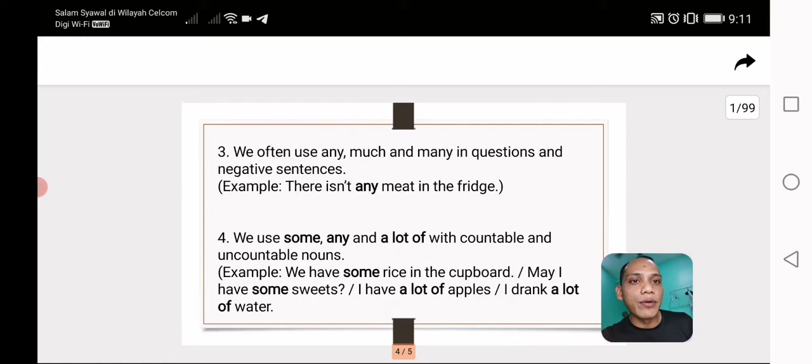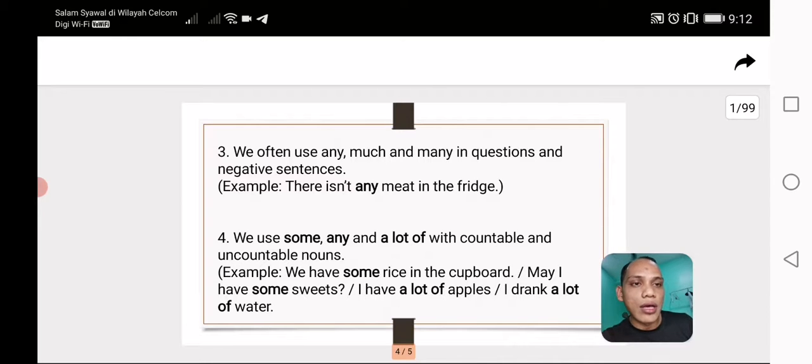For example, number 1. We have some rice in the cupboard. Kita ada sedikit beras di dalam almari itu. Rice ialah uncountable. Rice tu tidak boleh dikira. So kita boleh guna some.